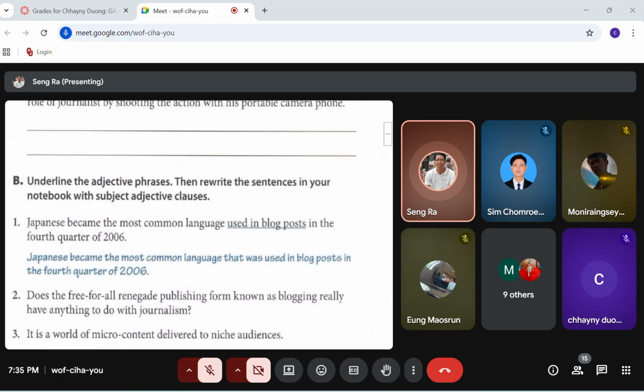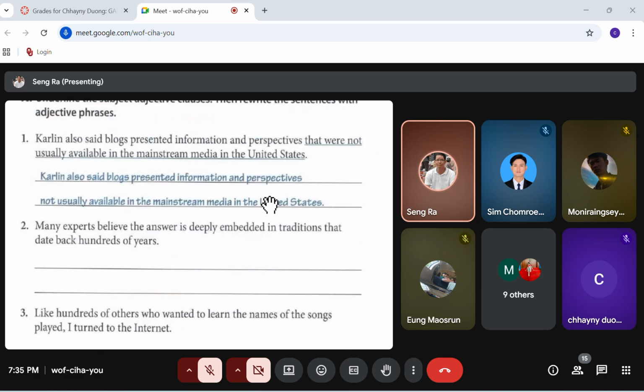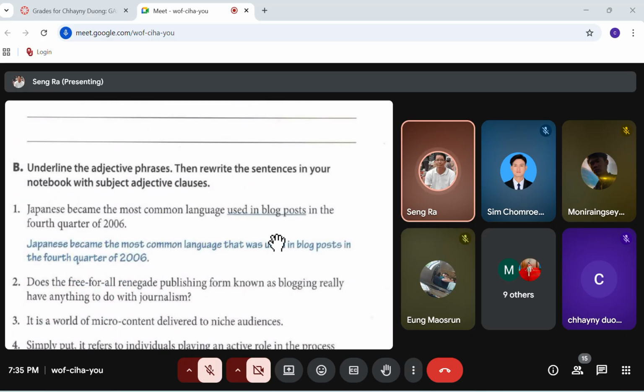And the same, you underline the adjective phrases and rewrite the sentences in your notebook with the subject adjective clause. So now you need to convert this into an adjective clause from an adjective phrase. Here from clause to phrase, and here from phrase to clause. The Japanese became the most common language used in blog posts in the fourth quarter of 2006.